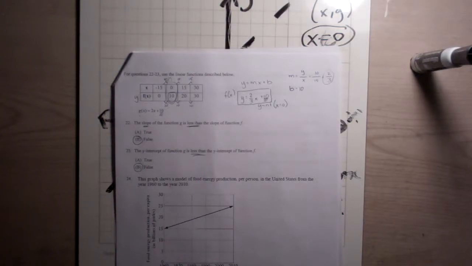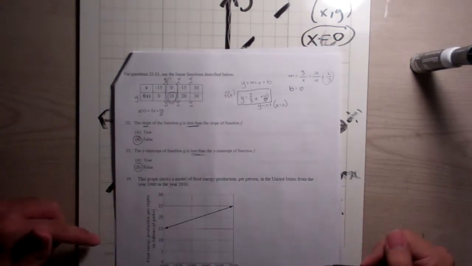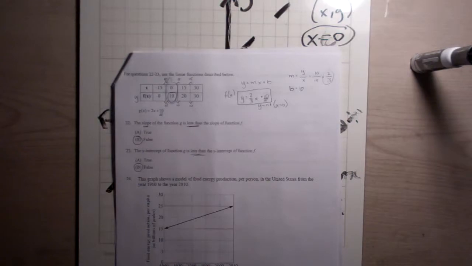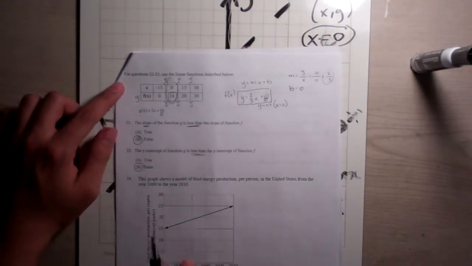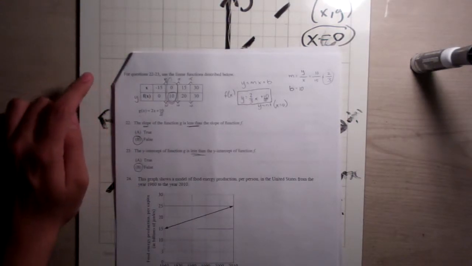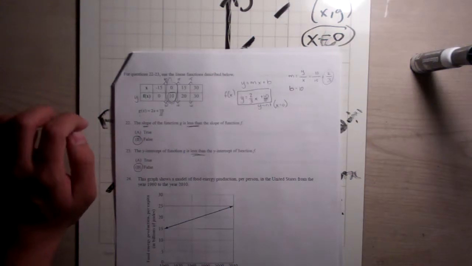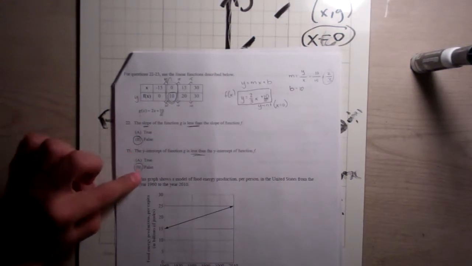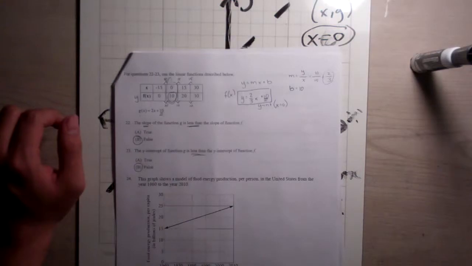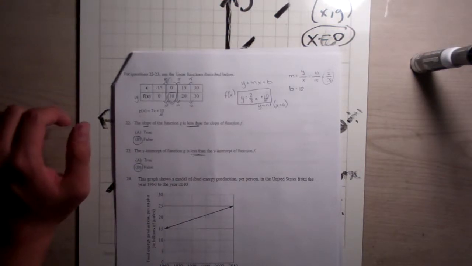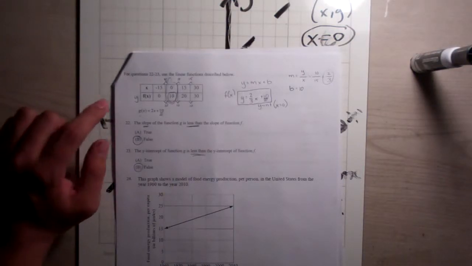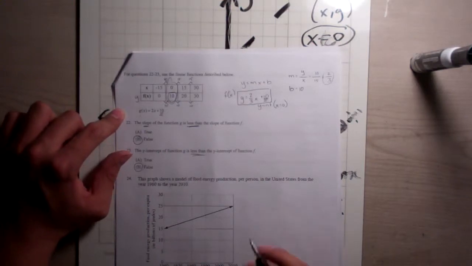Moving on to 24. We're given a graph and we're being asked a question at the very end of it. Let's read the statement. It says the graph shows a model of food energy production per person in the United States from the year 1960 to the year 2010. That's on our x-axis.